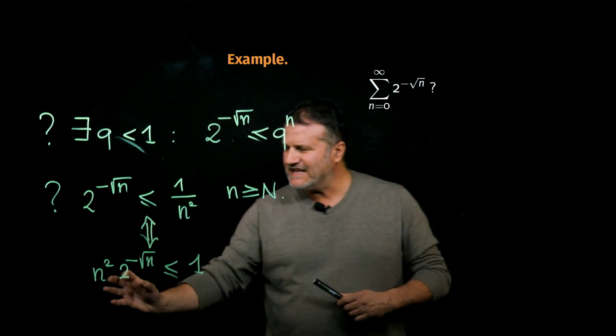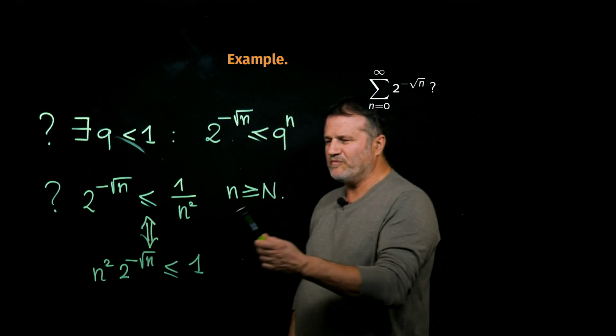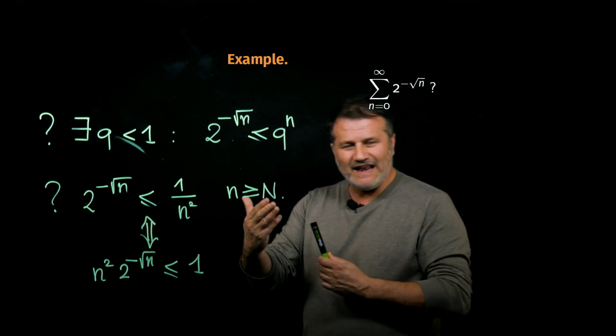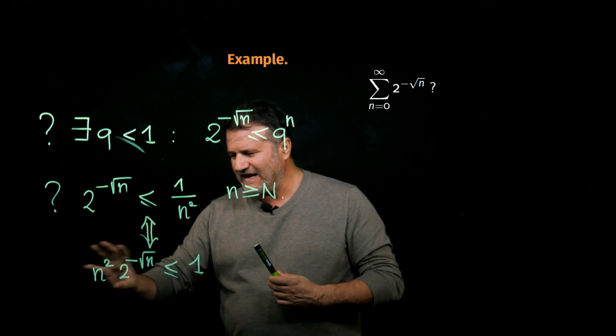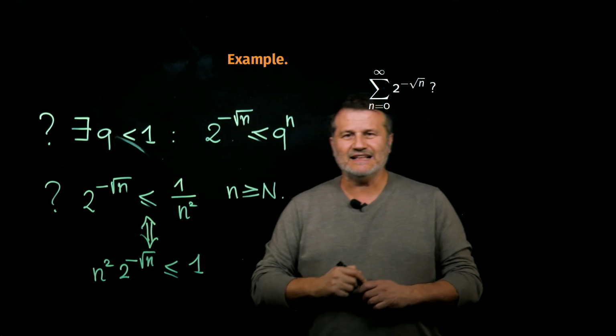Now the idea is that if this quantity goes to 0 when n goes to plus infinity, for n large, this quantity will be clearly less or equal than 1. So the point is, let's go to compute that limit.